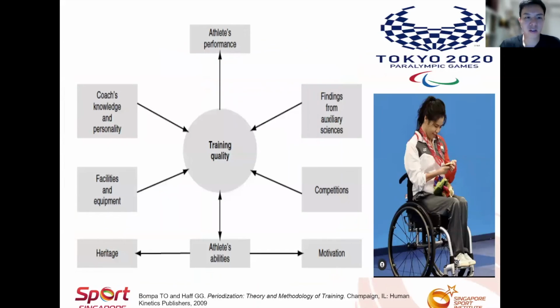Finally, as you can see from my slides, there are a lot of factors that come into play, similar to this slide by Greg Huff. In terms of training quality, the things that will affect it are the sports science support that I have from my colleagues, what they pick up in terms of biomechanics, or even sport medicine.